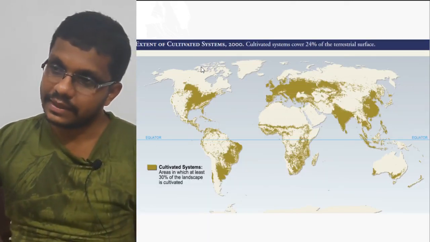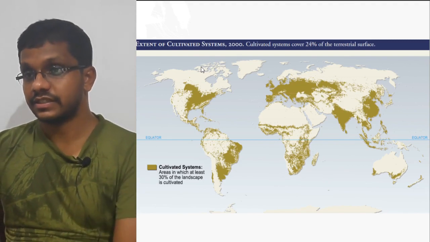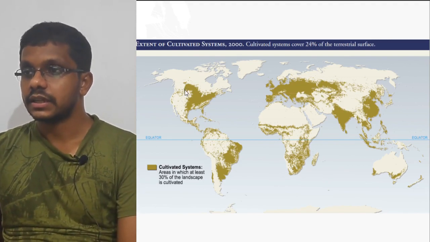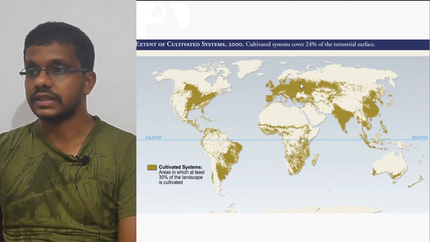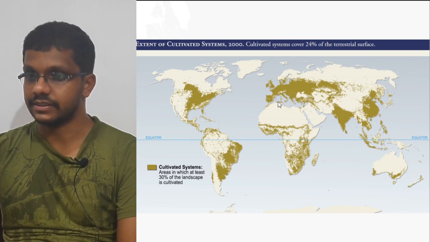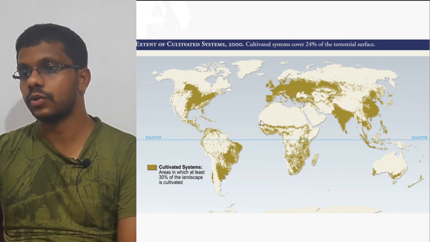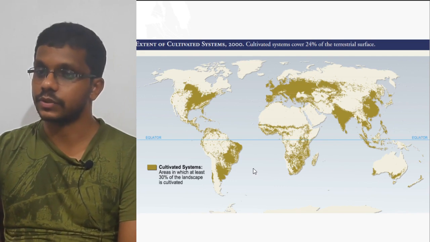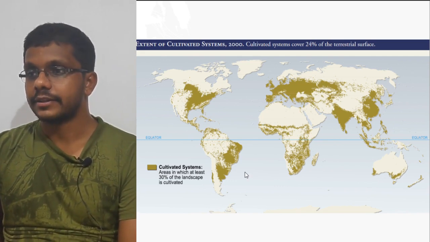And one of the main problems is the cultivation system. We are using land for the cultivation of crops. This graph shows the changes in the cultivated area in the last 50 years, and it shows that about one quarter of available terrestrial land is used for cultivation.